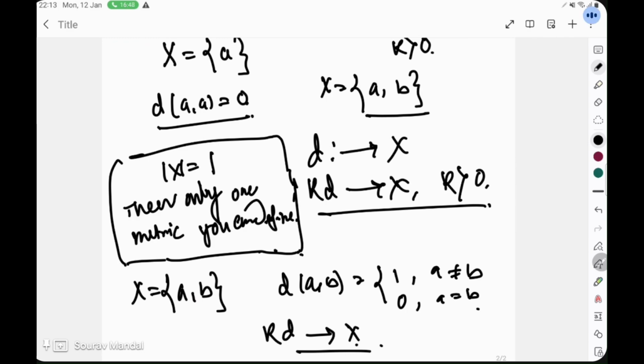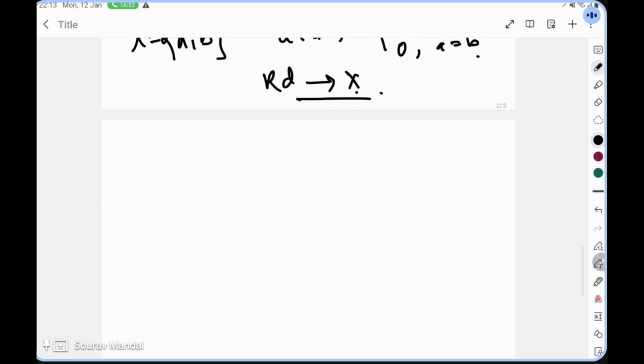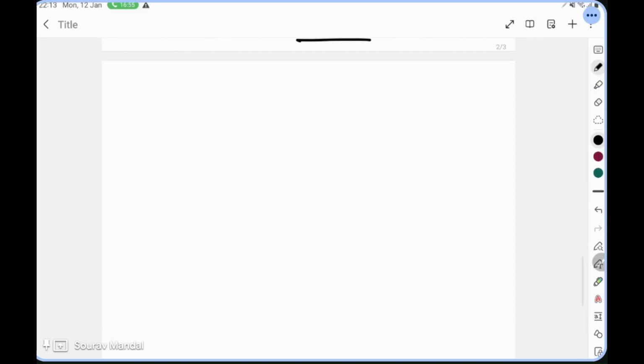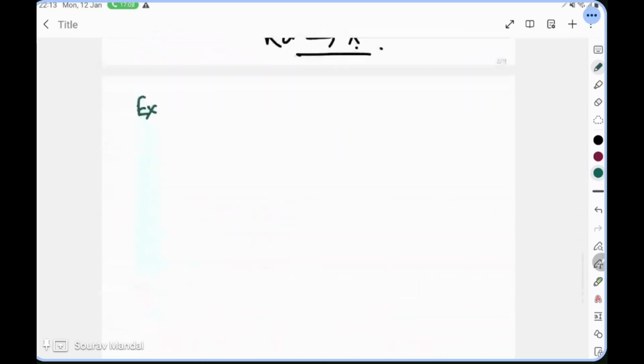Now we'll proceed to some difficult, not difficult, but a little bit tough examples.